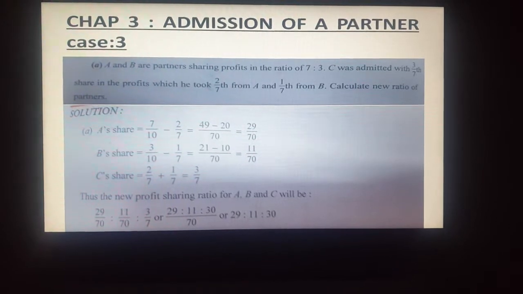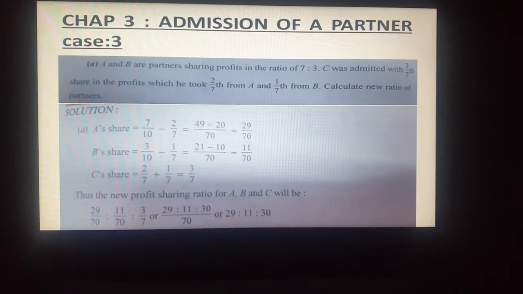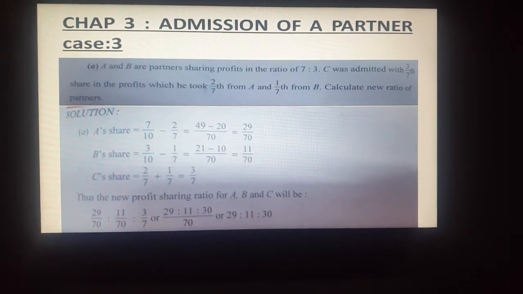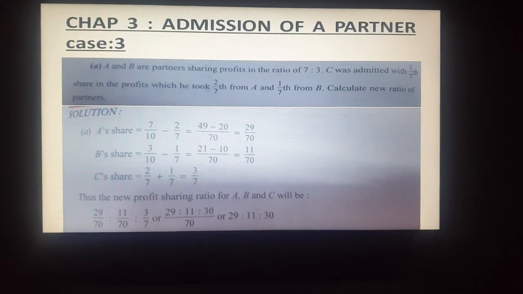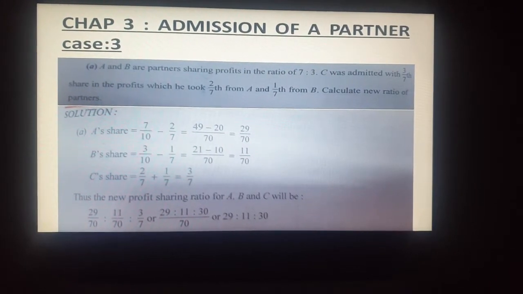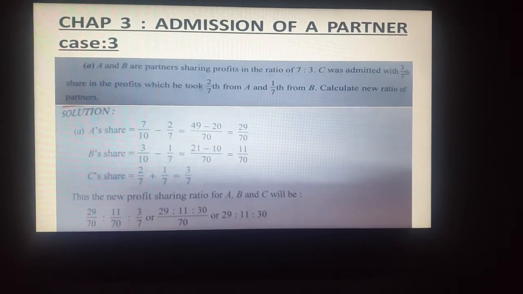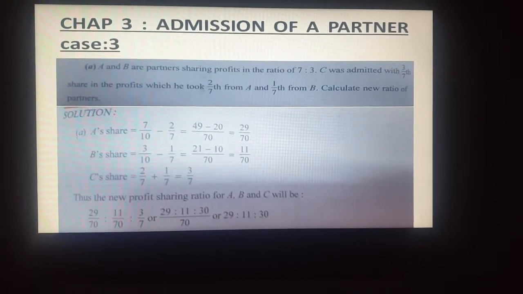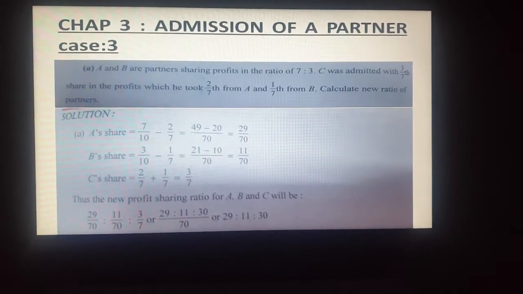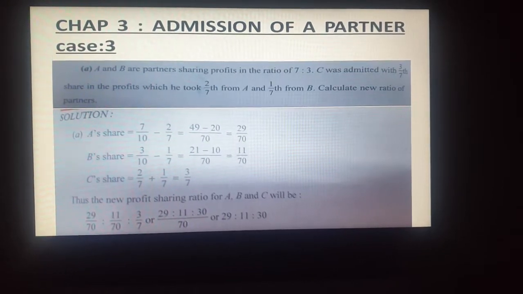Previously I told you that the denominator of all the partners' ratios must be the same. A and B have denominator 70 and C has 7, so you have to make C's denominator 70 by multiplying 7 by 10. If you multiply the denominator by 10, you must multiply the numerator by 10 also, so 7 into 10 and 3 into 10.